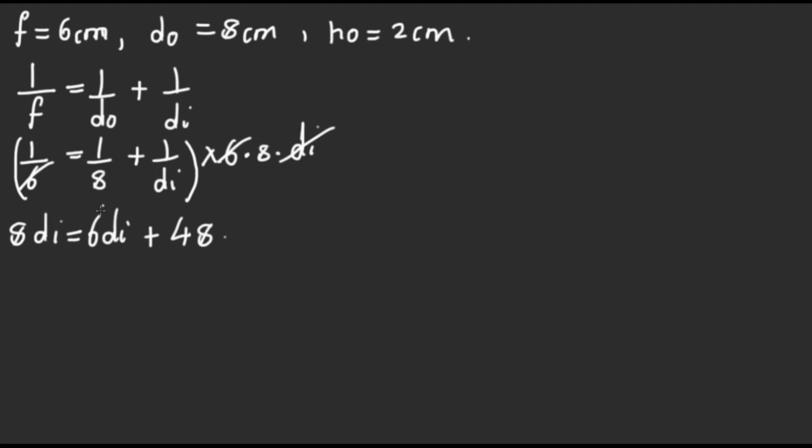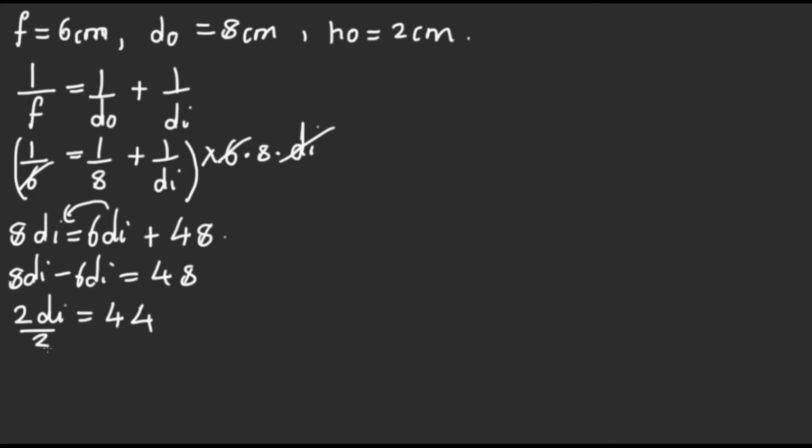Then I'm going to shift 6 di to the left side, giving us negative 6 di is equal to 48. Then 8 di minus 6 di, we get 2 di is equal to 48.